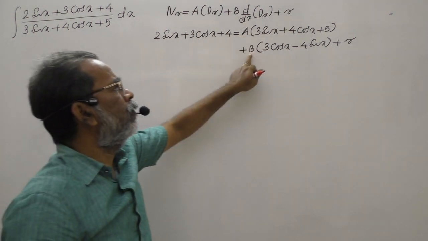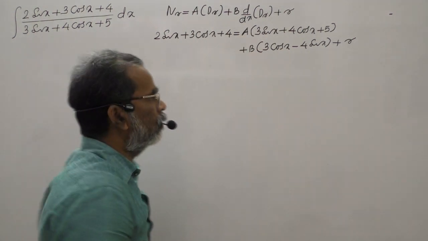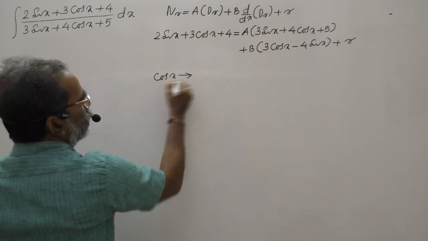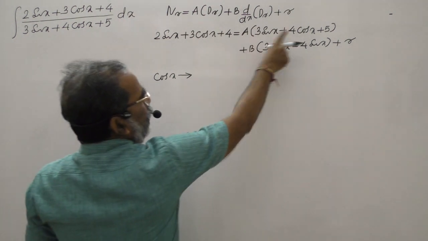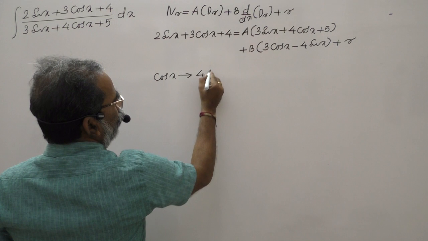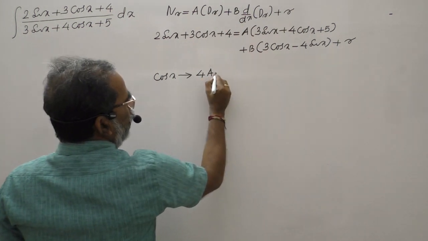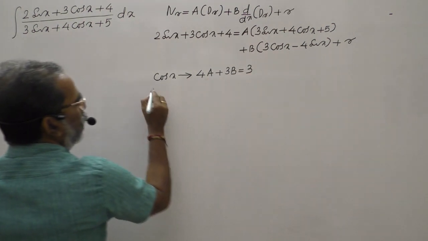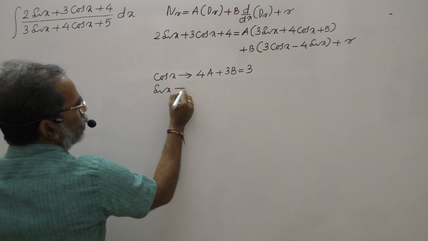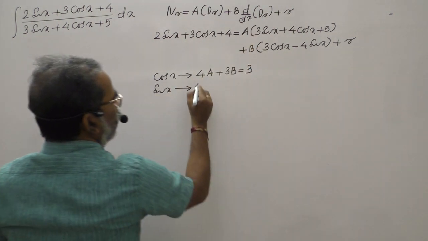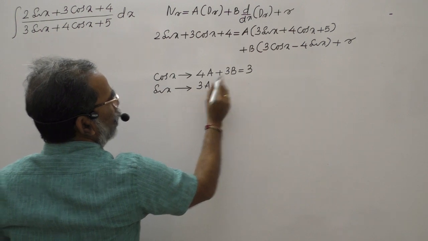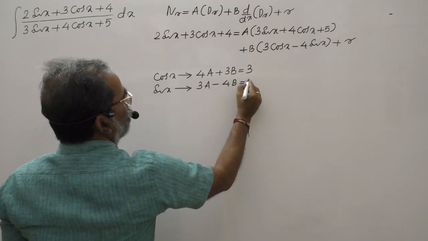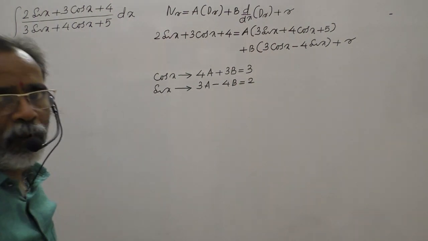Now to find the three values a, b and r, again I will equate the coefficients of cos x on both sides. On the right side cos coefficient is 4a plus 3b, and on the left side cos coefficient is 3. Next equating sin coefficient. Here sin coefficient is 3a minus 4b, and on the left it is 2. Isn't it?